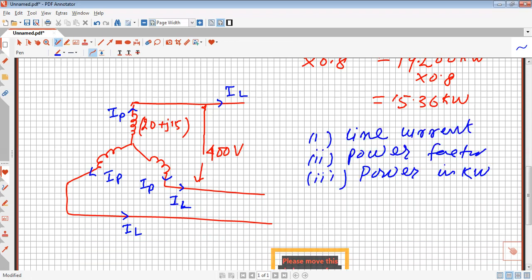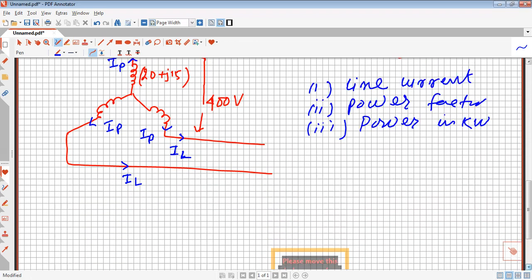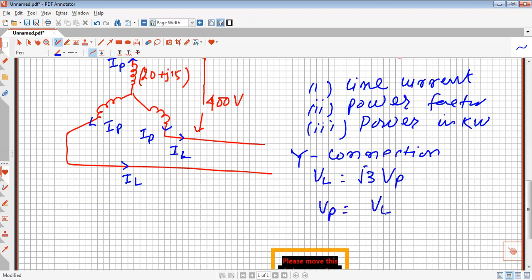So let us see how we can find these three parts. For a star connection, our line voltage is equal to √3 times phase voltage. So our phase voltage Vp equals VL by √3, and VL is given as 400 volt.